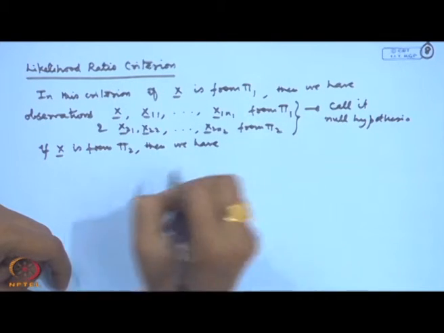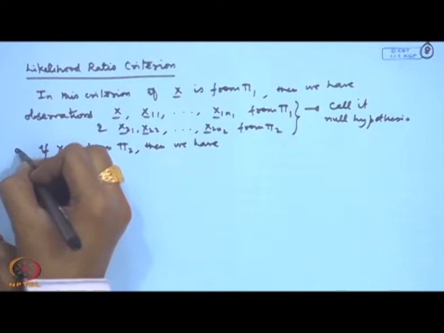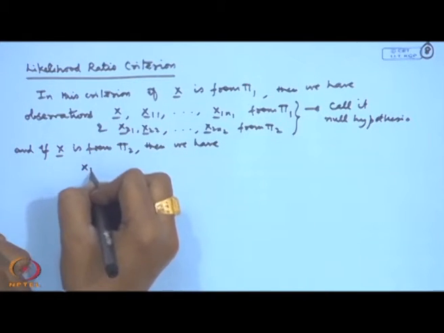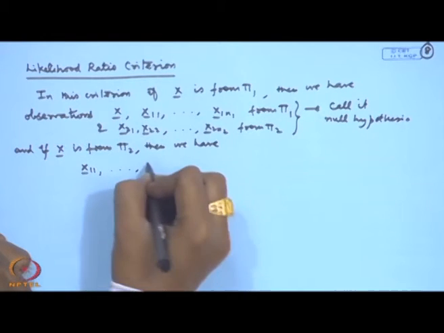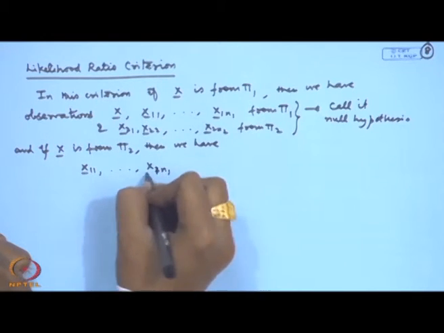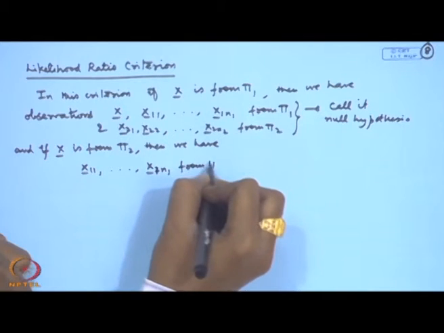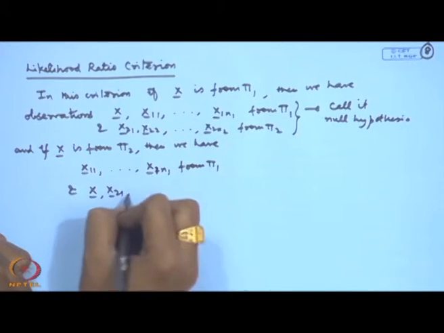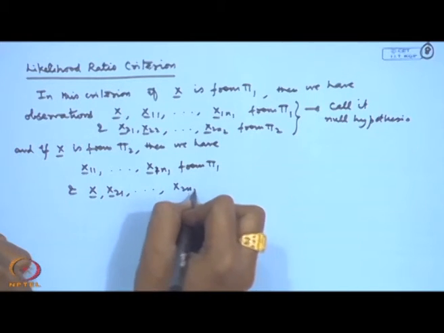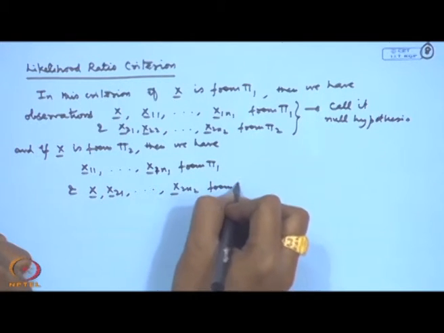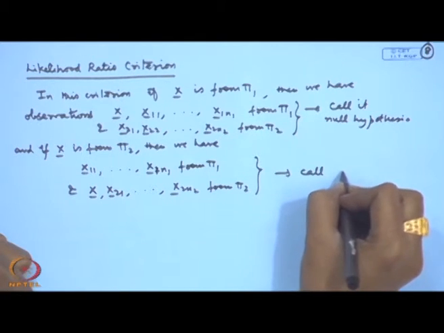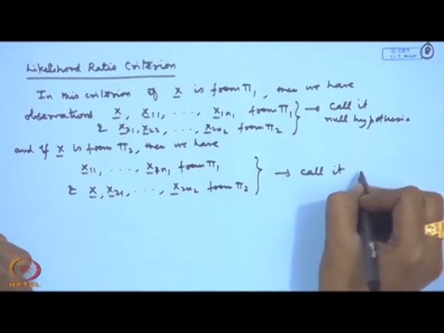So, this is my null hypothesis. If x is from pi 2, then we have x 1 1 and so on, x 1 n 1 from pi 1, and x 2 1 and so on, x 2 n 2 from pi 2. This we call the alternative hypothesis.